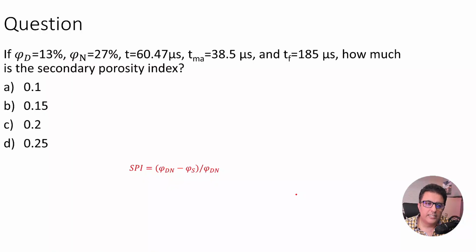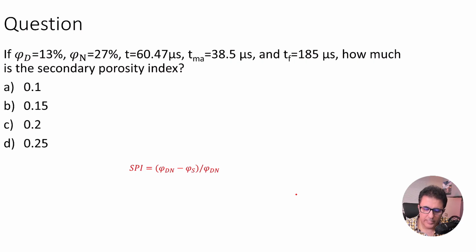So now assume that phi d is 30% and phi n is 27, and the sonic travel time is 60.47, matrix 38.5, and fluid 185. So how much is the secondary porosity index?